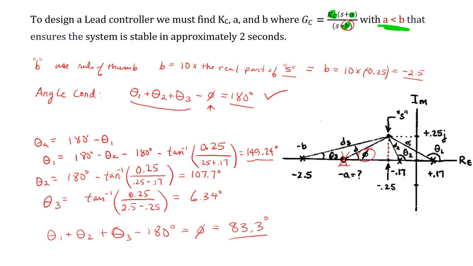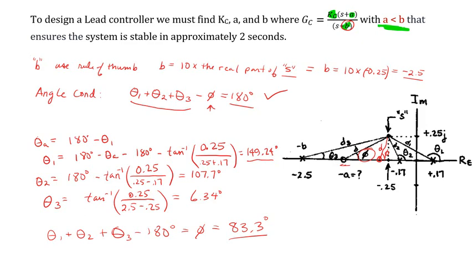But really, the angle should have been more like right here. It should have been right about there. And that should have been D, and that should have been phi, right there. So not bad, but not perfect either.